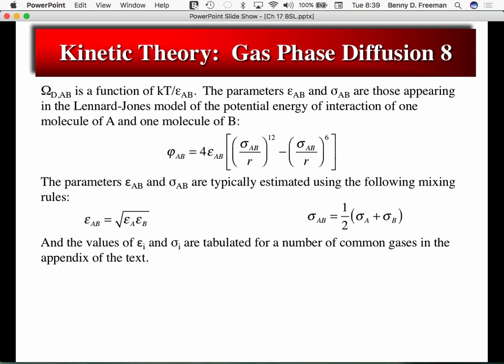And parameters for the Lennard-Jones well depth and Lennard-Jones size for a number of compounds of interest are given in a table at the back of your book. So this ties back to the familiar Lennard-Jones model of potential energy. And so those are some of the key guideposts in models that are used to predict diffusion coefficients in gases.